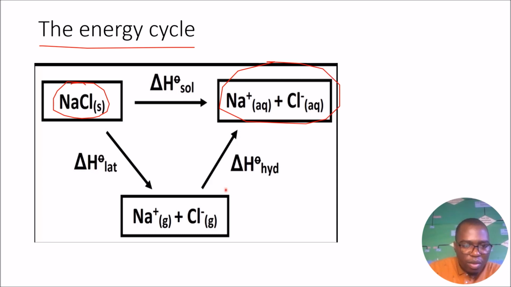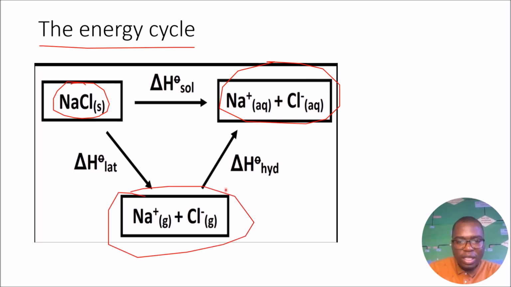Then, from this one, you are not adding water, you are just breaking these apart into the gaseous form, and that will be the lattice energy. Then if you add water, H2O, to the gaseous ions, they change from gas to aq, and that is the enthalpy change of hydration.